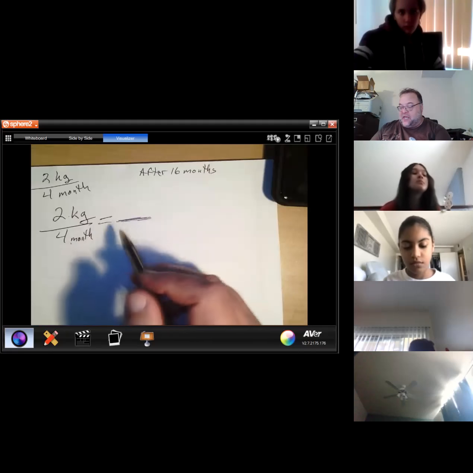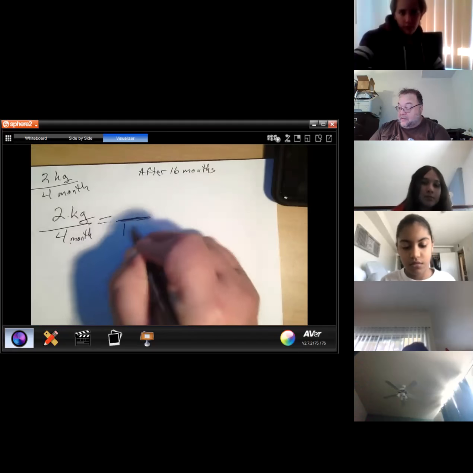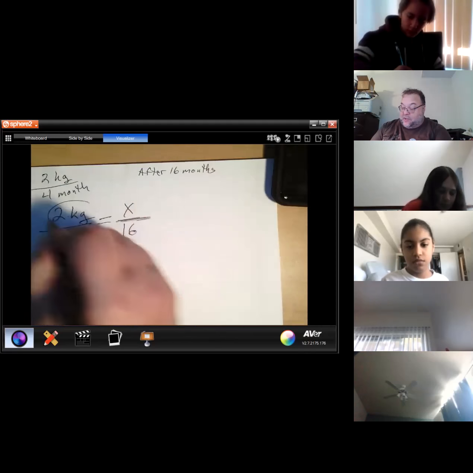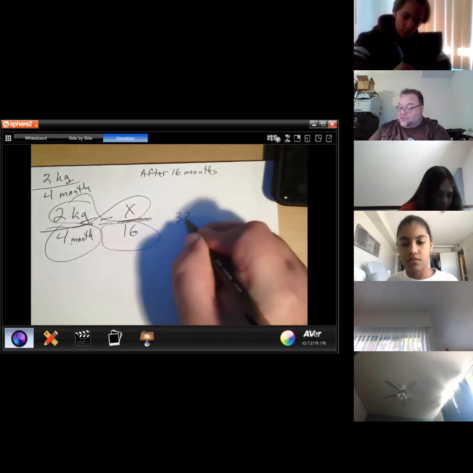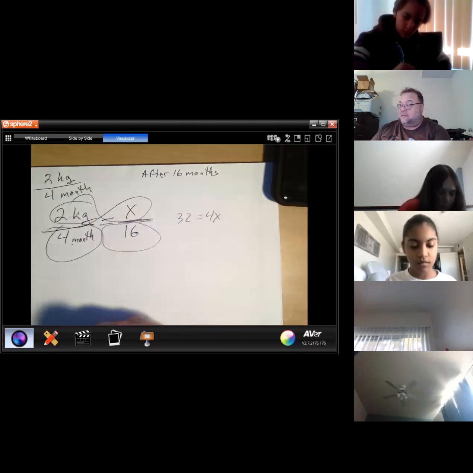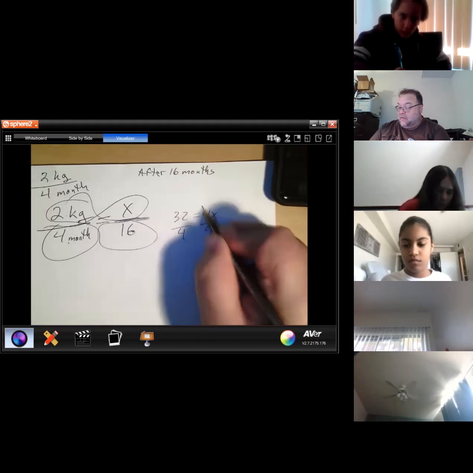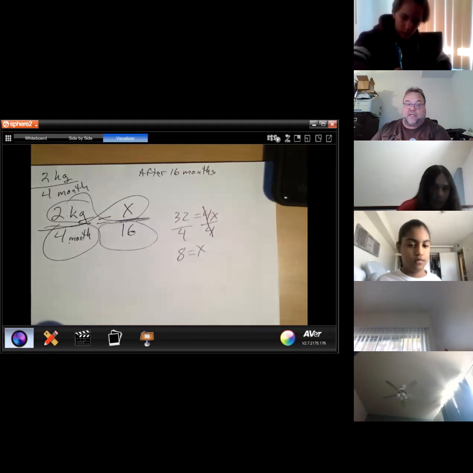And where should the 16 go in this other ratio? For the denominator. Right. And then this is going to be X, which is our unknown, right? So I do my butterfly wings and I'll get 32 equals 4X. So I'm going to divide both sides by 4 and I get, so in 16 months, he will have gained 8 kilograms.